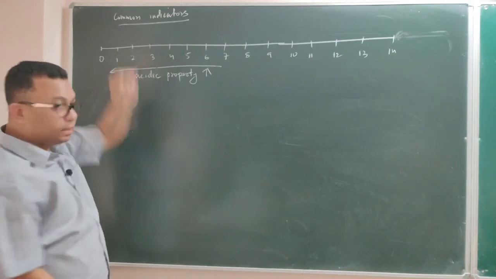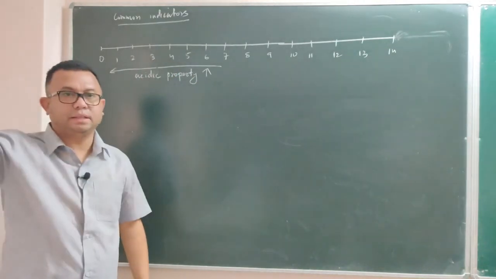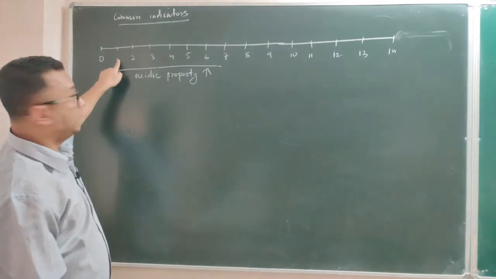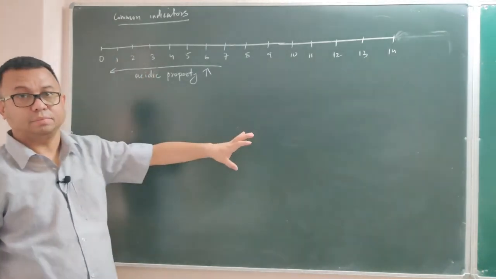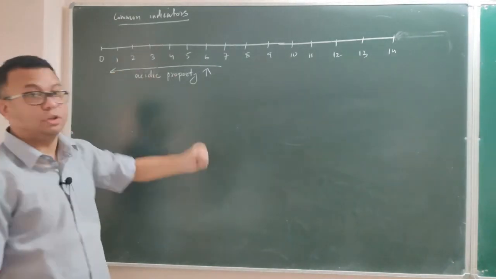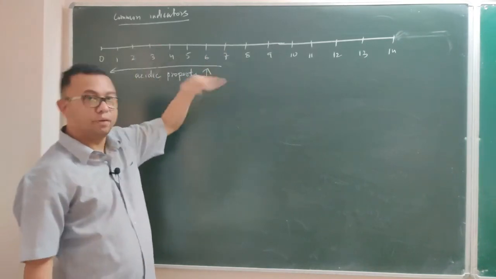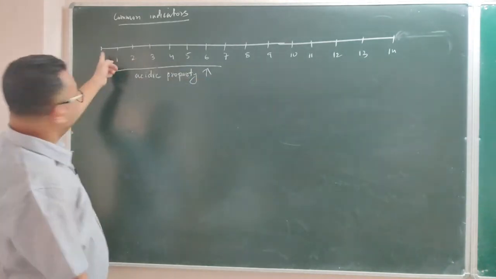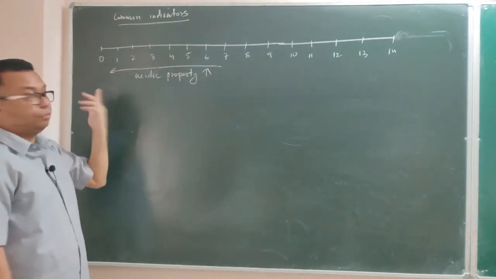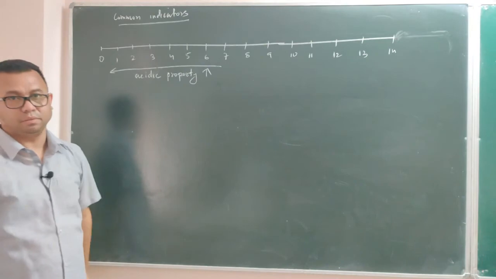The smaller the number, the more acidic the solution is. 1 has a very highly acidic property, so 1 is a more powerful, strong acid compared to 3, because 3 is also an acid. Till 6.9 we can say they are acids. The more left you move, the stronger the acid becomes.